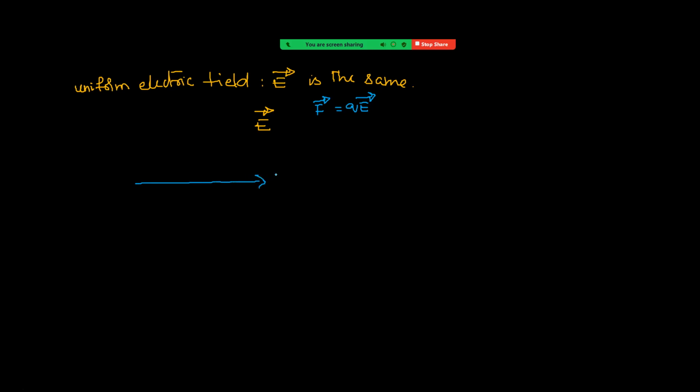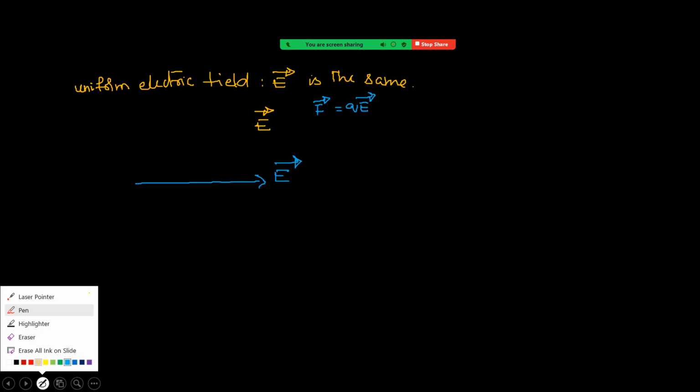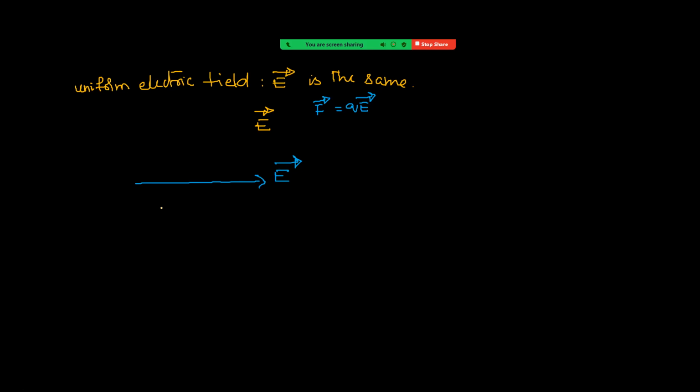This is electric field vector E bar. Let us take now dipole moment vector. I am drawing somewhat large just to make it visible.